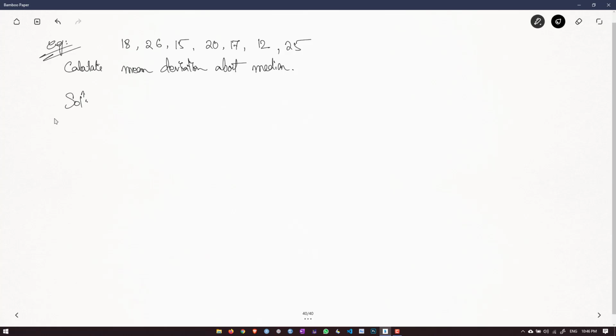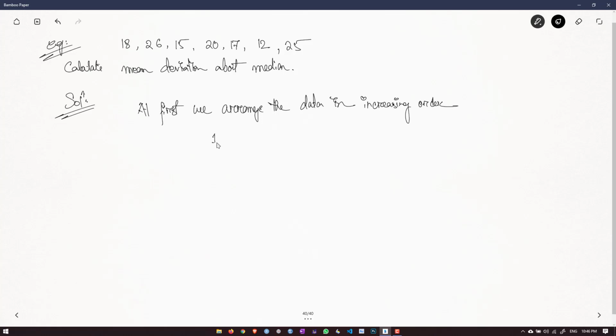So solution. At first, we arrange the data in increasing order. So what will be the order?